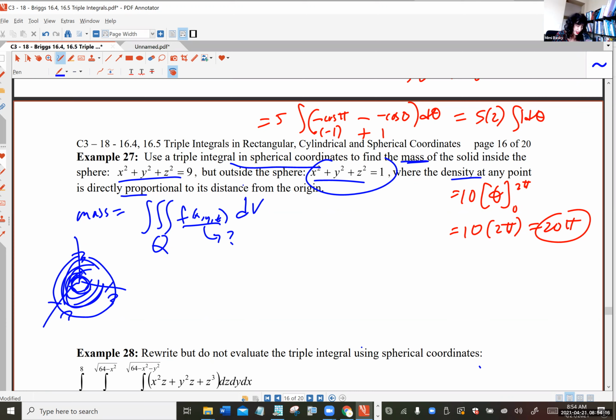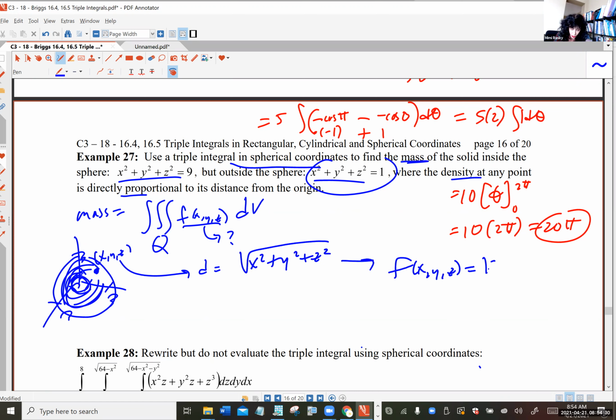Okay, fine. So if you took any point on your solid, say (x, y, z), the distance to the origin, which is (0, 0, 0), is just going to be the square root of x squared plus y squared plus z squared. And your density function is proportional to that. So it's some k times the square root of the sum of the squares here.